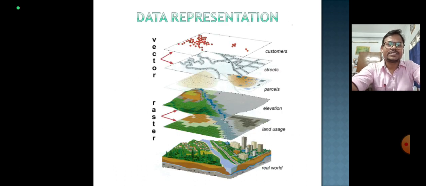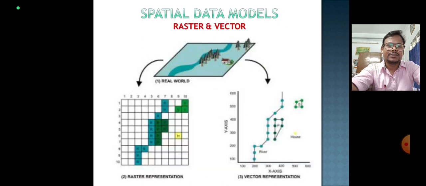The pictures on the screen are showing the two types of data, vector data and raster data. Spatial data model: there are two types of data model, the raster data model and the vector data model. The picture shows the raster representations and the vector representations.